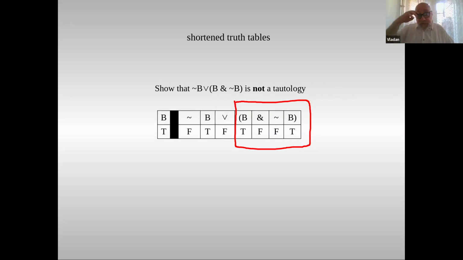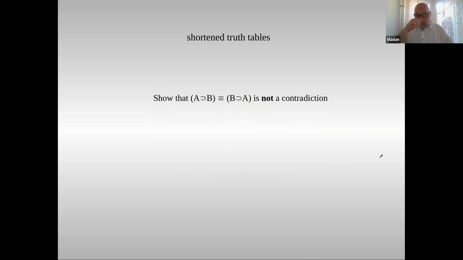Let me do another example where we get a contradiction. If it's not a tautology, it can be either a contradiction or a contingent formula. I'm going back to my slides. This is not exactly the question Monique asked before we started the short tables, but it is close.